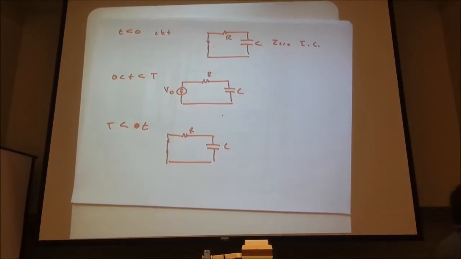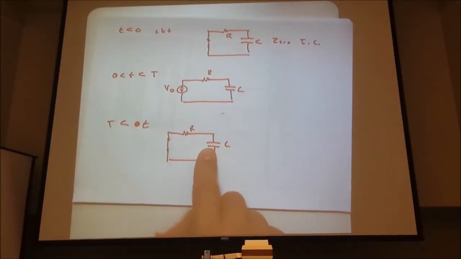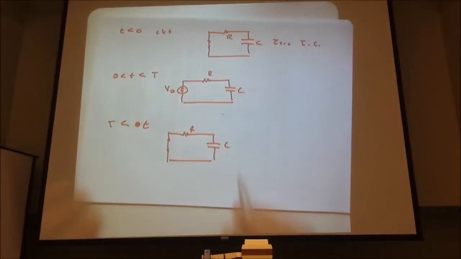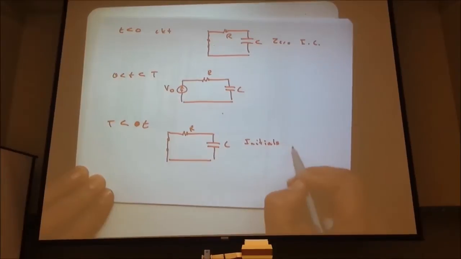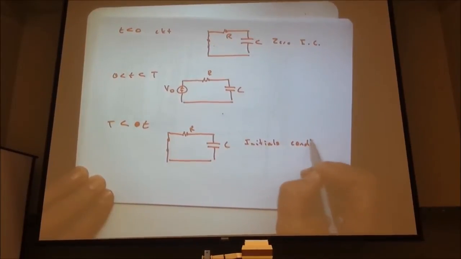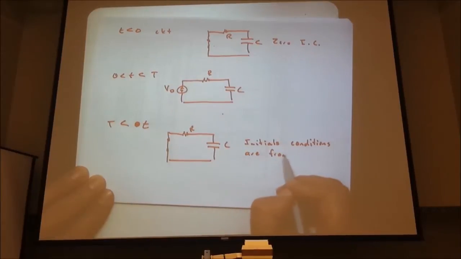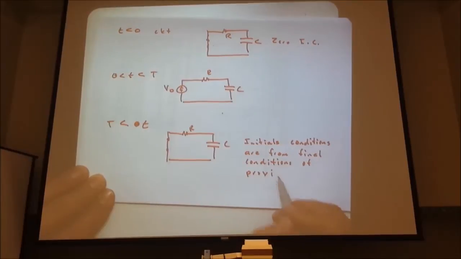And so effectively, what are the initial conditions for this circuit? Well, they're the final conditions for this circuit, right? Initial conditions are from final conditions of the previous circuit, or above circuit.